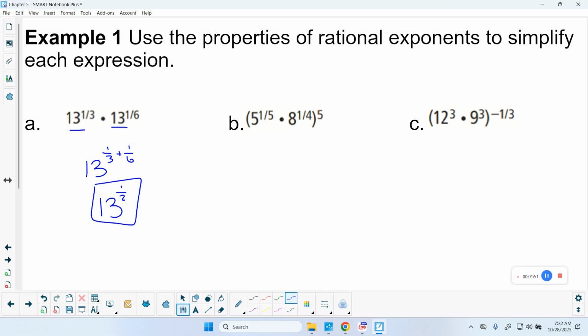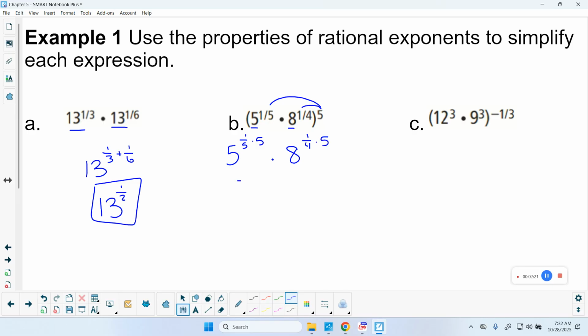For part B, 5 to the 1/5 times 8 to the 1/4, all raised to the power of 5. First of all, our bases are not the same, so we cannot do anything with the exponents. However, because it's all being raised to the power of 5, we're going to take the 5 and multiply it to everything on the inside, which means 5 would be raised to the 1/5 times 5, and then 8 would be raised to the 1/4 times 5.